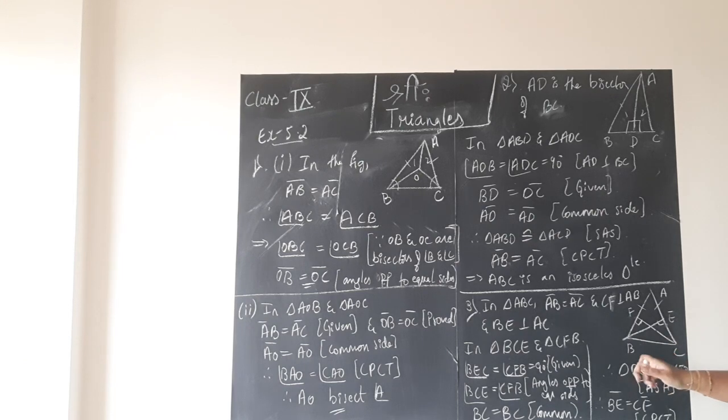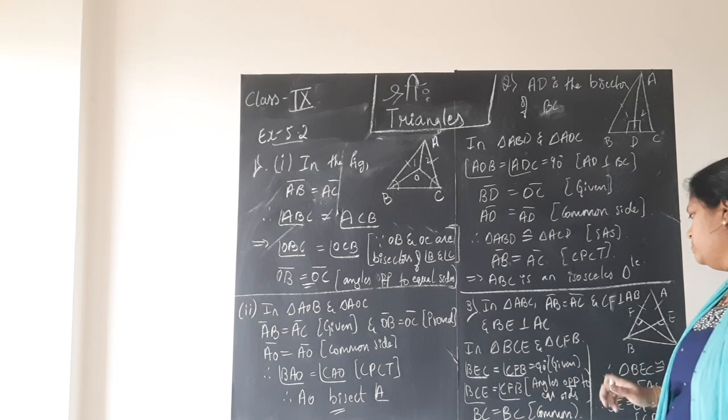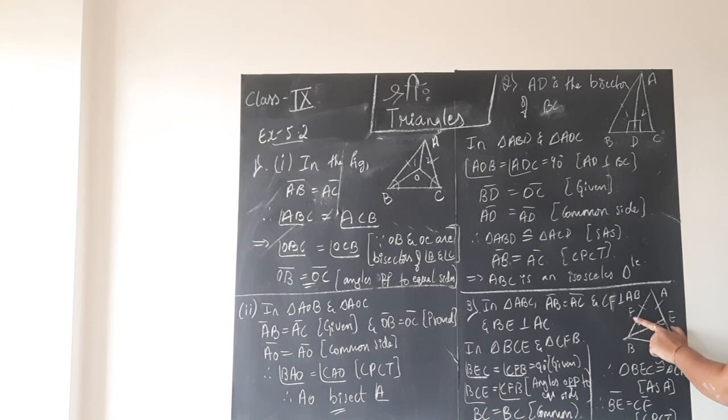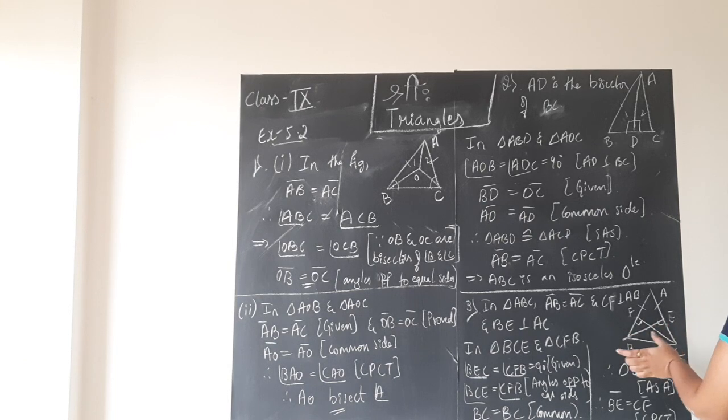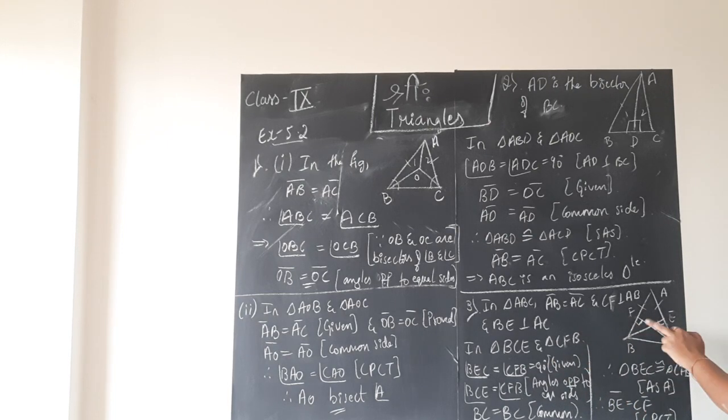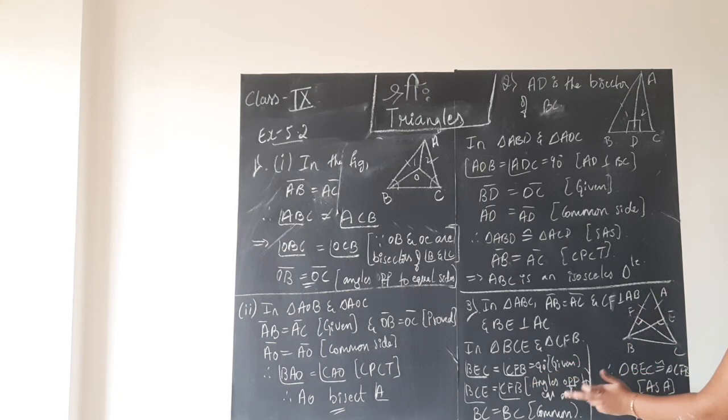So which shall we do? That is angle BCE, if we take the opposite side. First what we proved, angle BEC and angle CFB are 90 degrees, given. Similarly, angle BCE is equal to angle CBF. Why? Those are angles opposite to equal sides. Which are the equal sides?